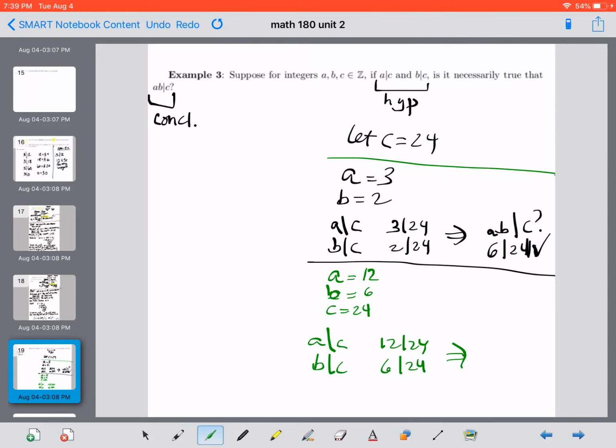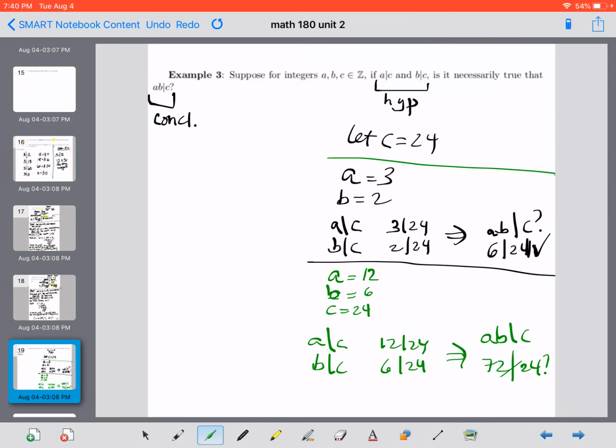However, does ab divide c? Well, a times b would be 12 times 6. That's what, 72. Does 72 divide 24? No, definitely not, right? 24 is not a multiple of 72. It's smaller than 72. It's not going to work, all right?